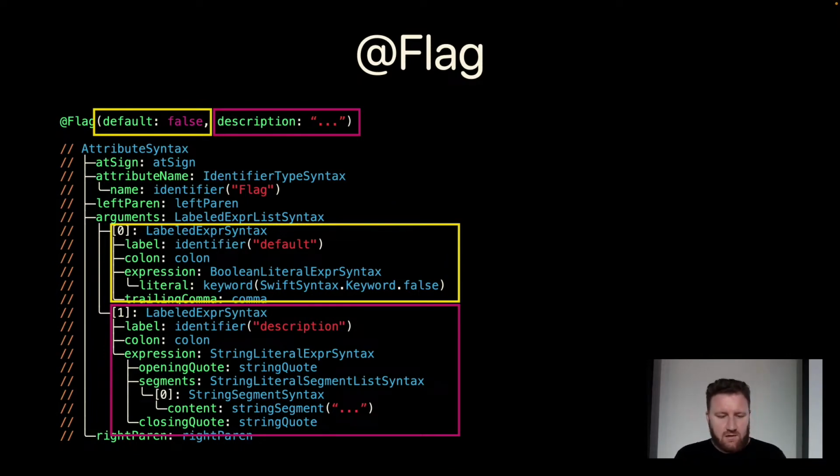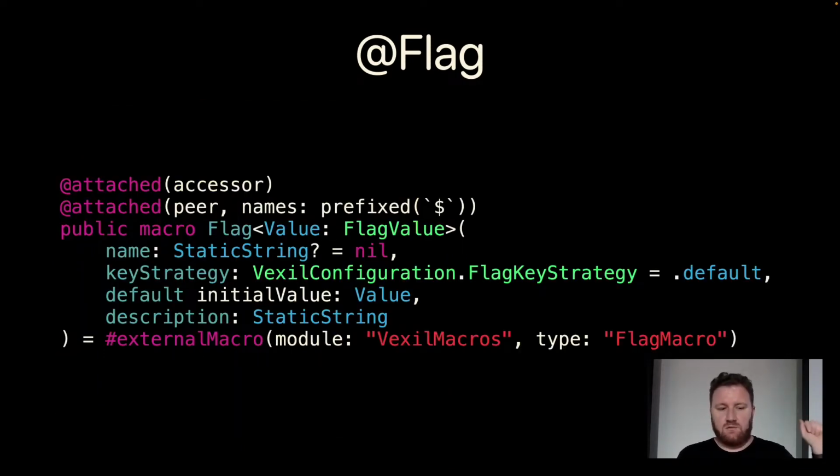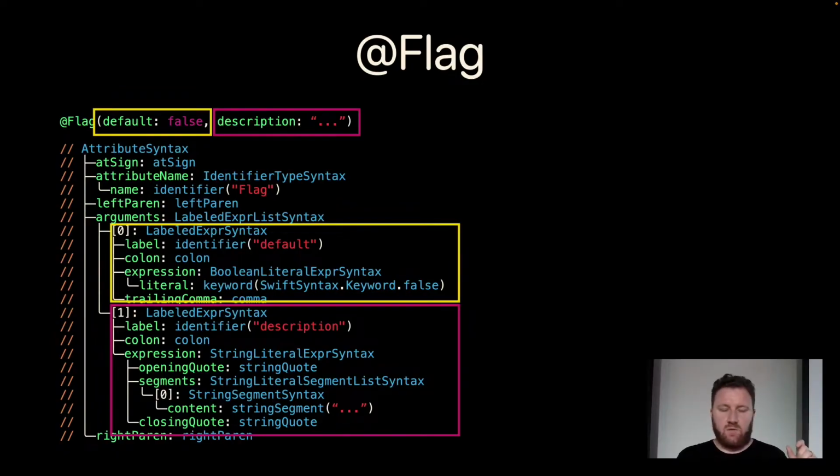So that's why on this one, the description is a static string, because it makes it that much harder for somebody to try and pass in a variable at runtime, and much more likely that we would get a string literal. Because in the next one, when we actually get to the code that parses this, we assume it's a string literal and we throw an error with a diagnostic if it's not. But that's something that we have to do ourselves. Swift doesn't do that for us.